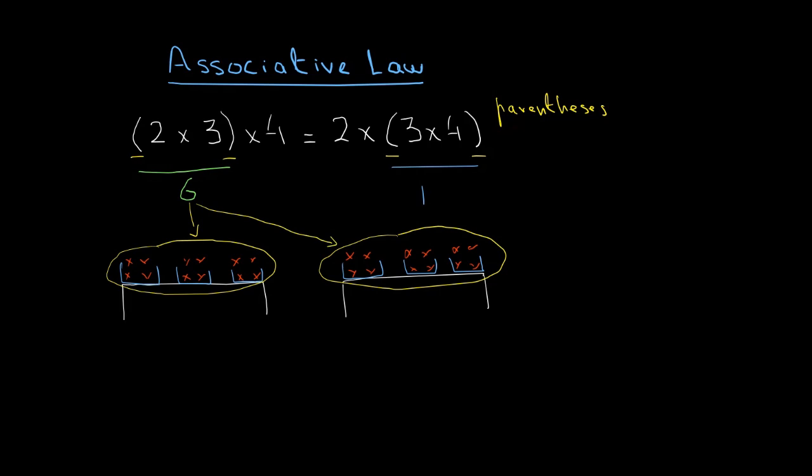Another way of counting the number of apples is to consider different tables first. So now I'm going to count the number of apples on one table. So note that here on table 1, I have 3 fours, right?